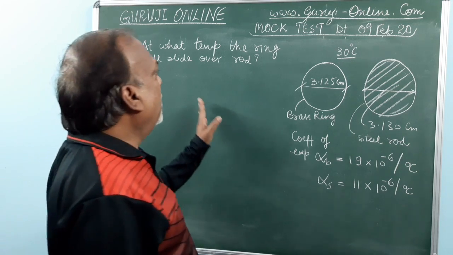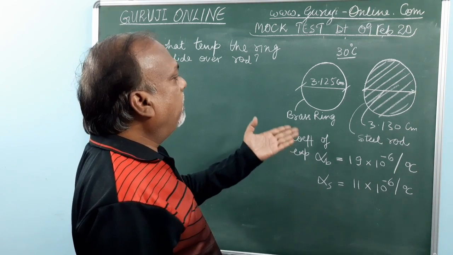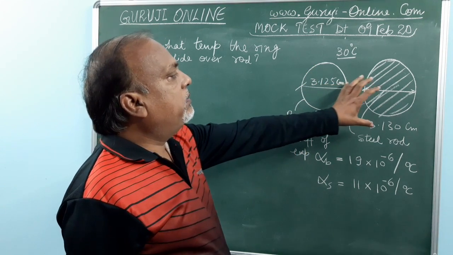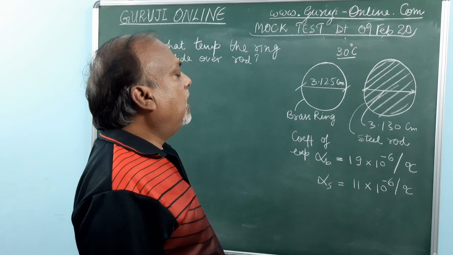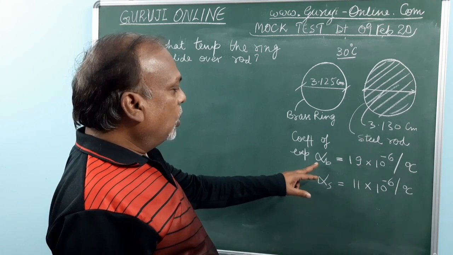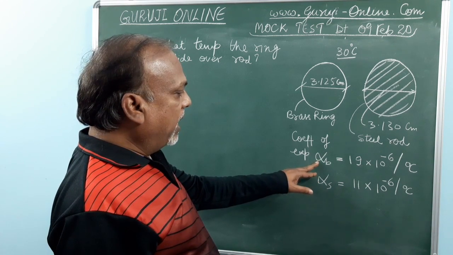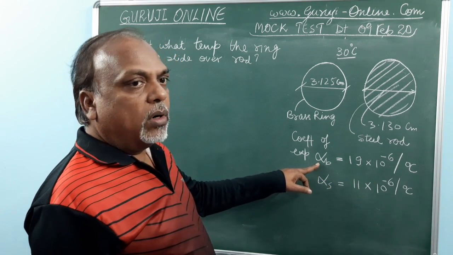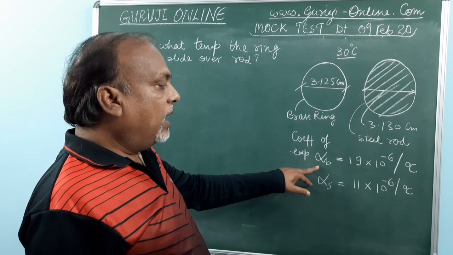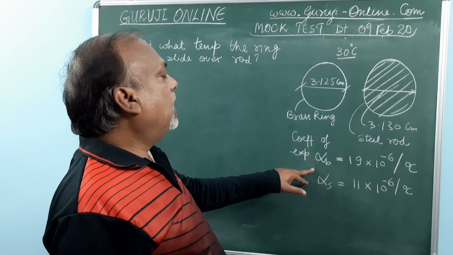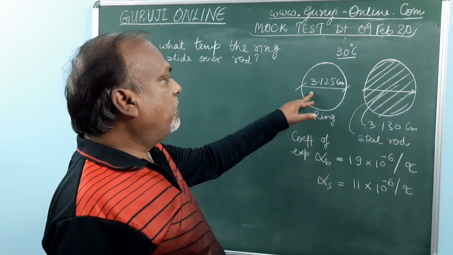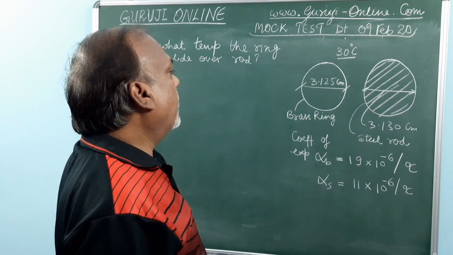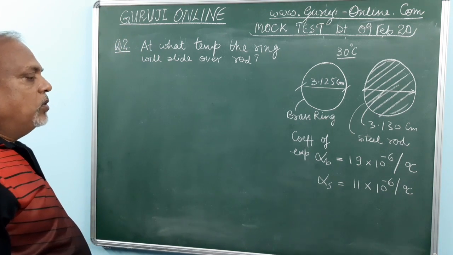Naturally, when we raise the temperature, this will expand and this will also expand. But since the coefficient of expansion of brass is more than steel, it will expand more. And a stage will come when this will fit onto this rod. So let us see how to solve this problem.